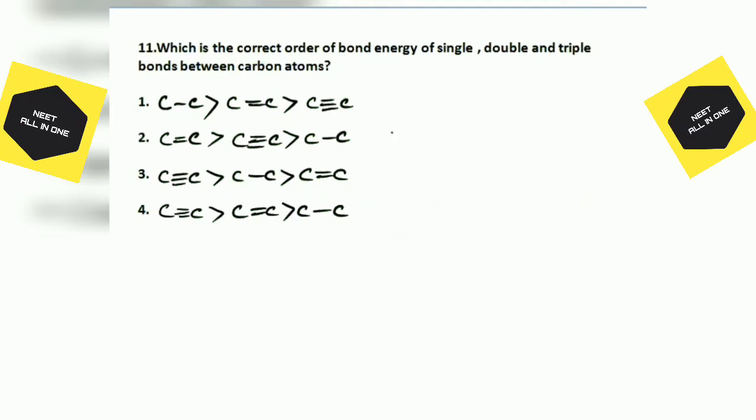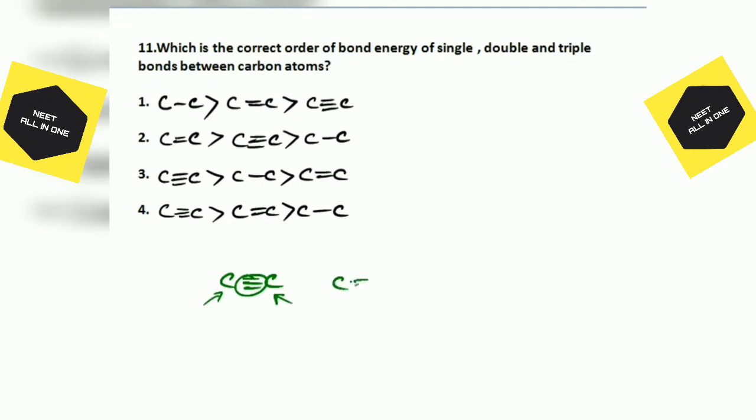So let's see question number 11. That is, what is the correct bond energy, single, double and triple bonds between the carbon atoms? Now for this we have to know one thing, that if carbon has 3 bonds here, the carbon attracts another carbon very much. So if we want to separate it, its energy will be more.